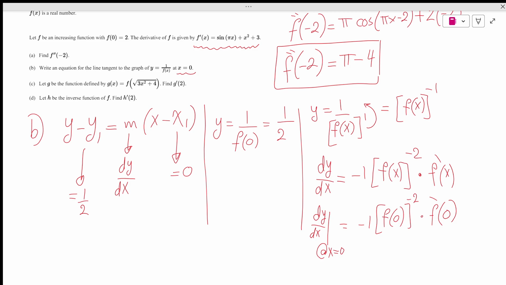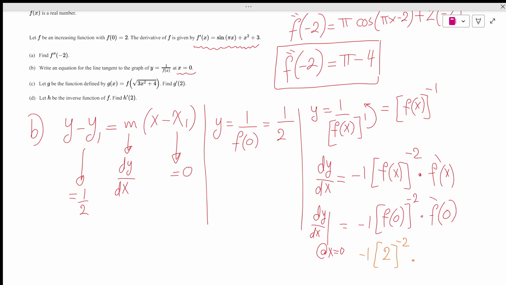So this is -1 bracket f of 0 is given, it's equal to 2 to the power of -2 times, let's find out what f prime of 0 is.